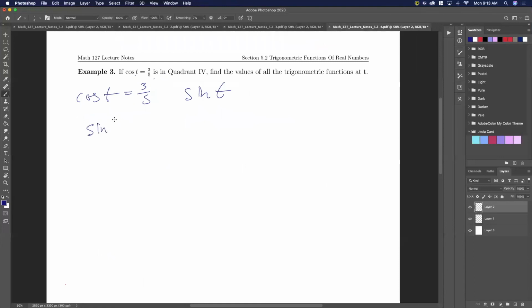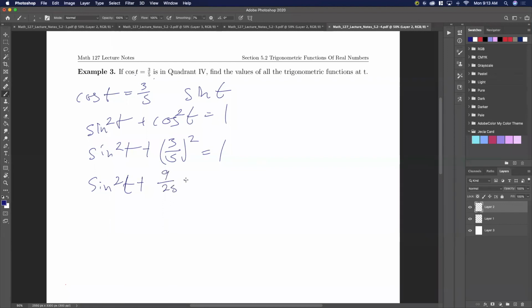Well, I just use my Pythagorean theorem: sine squared of t plus cosine squared of t equals 1. I know cosine of t is 3/5, so sine squared of t plus 3/5 squared equals 1. This becomes sine squared of t plus 9/25 equals 1.